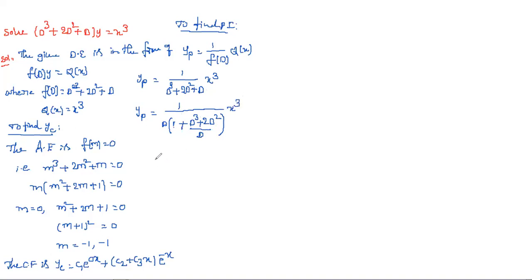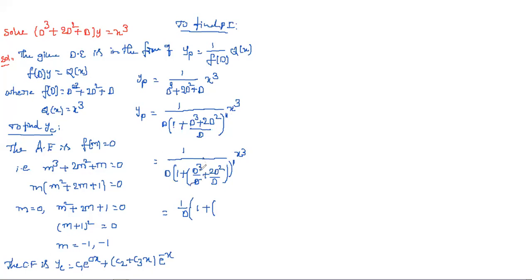So it equals 1/D into 1/(1 + D³/D + 2D²/D) x³. Taking this term into the numerator, since it has power 1, when it comes to the numerator it changes to (1 + D³/D + 2D²/D)^(-1).